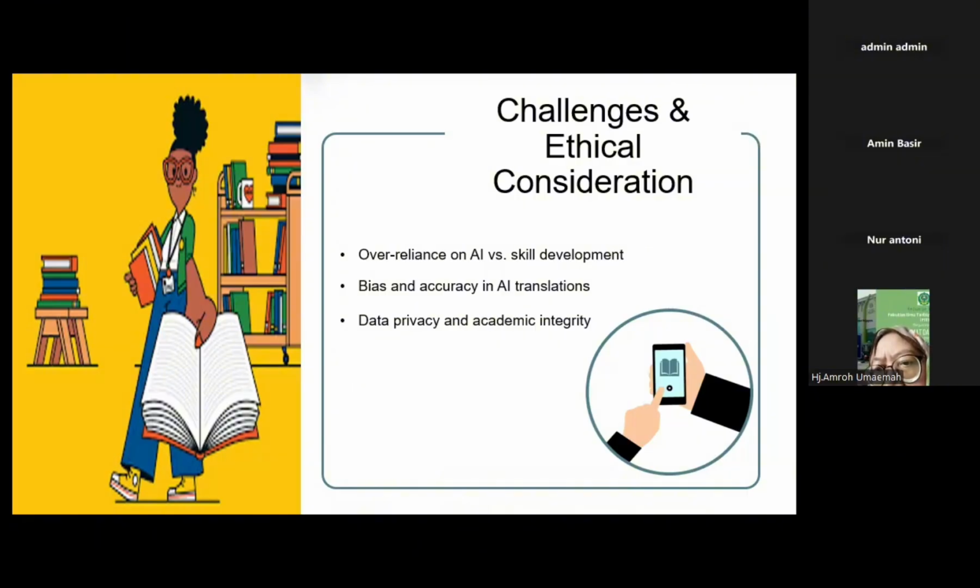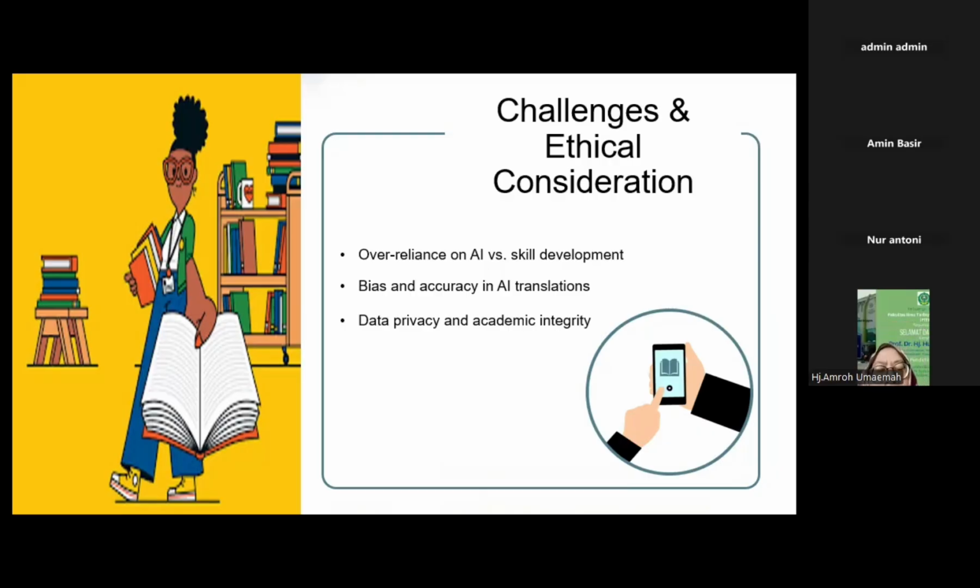For example, if we use certain AI tools, sometimes, or what I found is that if the developers turned out to be a group of people from certain English-speaking countries, then the translation will lean toward that specific country. For example, British and American English, there are differences in the results.